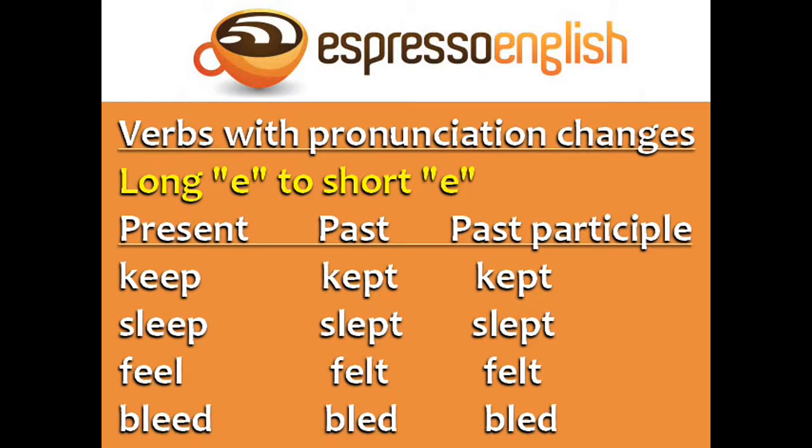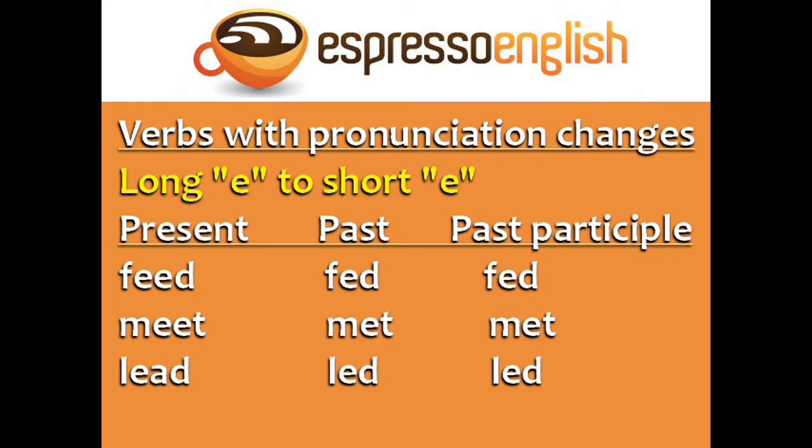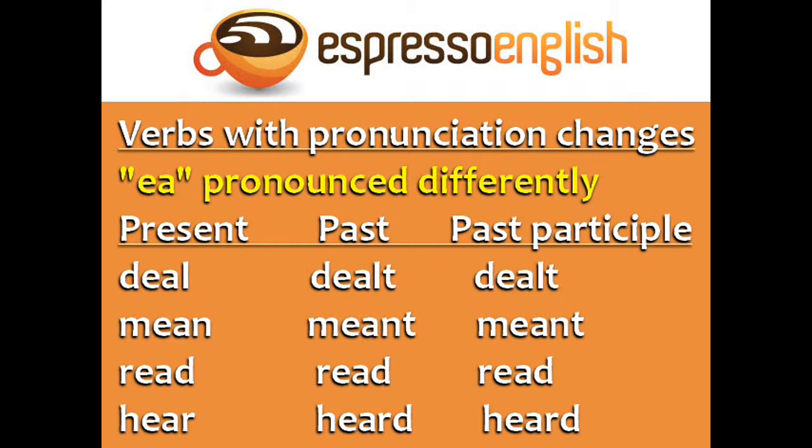Bleed, bled, bled. Feed, fed, fed. Meet, met, met. Lead, led, led. Another group has ea pronounced differently from the present to the past and past participle.